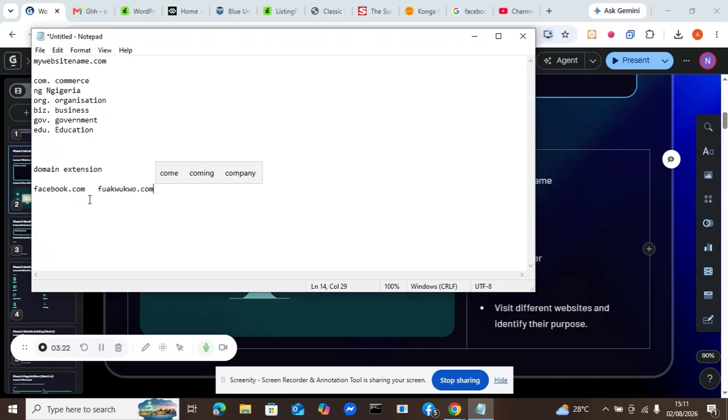All of these are different languages that this Facebook can have. However, the computer is not seeing it like that.